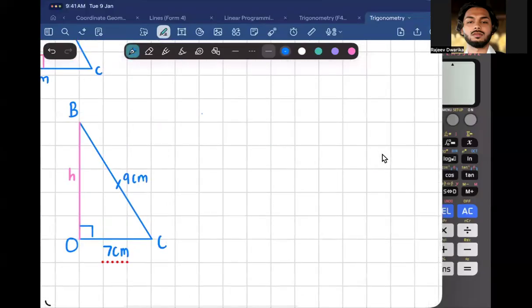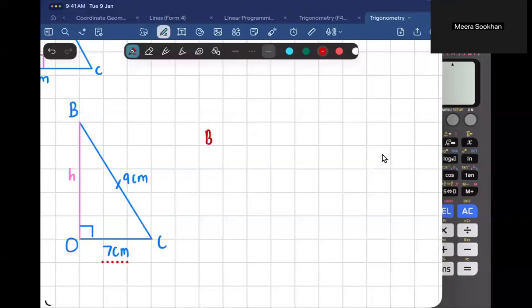Right. So tell me, what would the Pythagoras theorem look like for this? I would say, what would the formula look like? It will be BC squared equals CO plus OB squared.